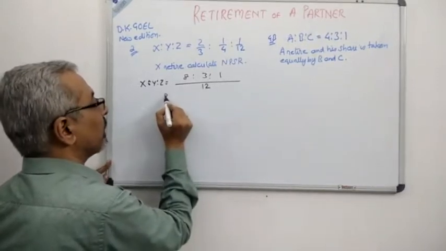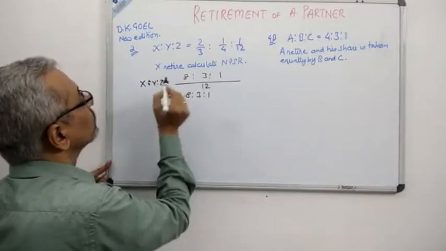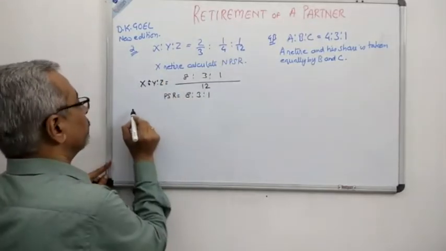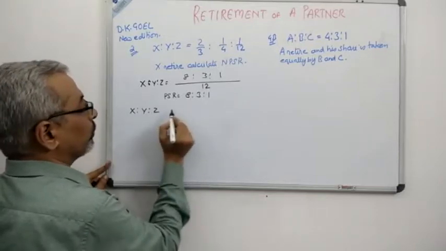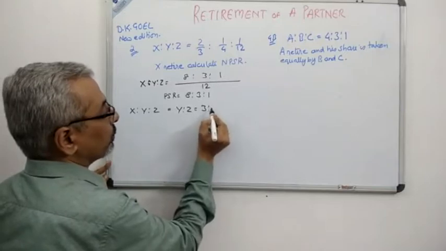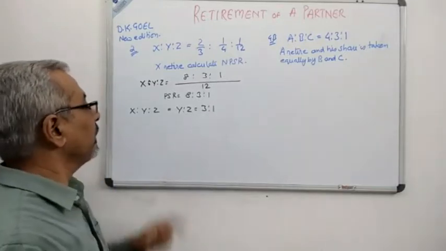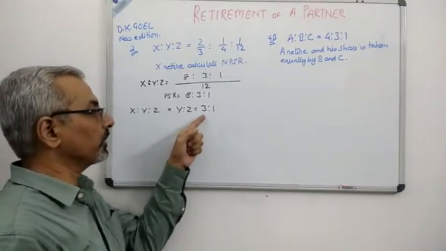So the PSR actually is 8:3:1. Now who is retiring? X is retiring. So if X is retiring, X is no more. So we are only left with Y and Z. So the ratio will be 3:1. Repeat again, as X is not there, only Y and Z are there, and the new profit sharing ratio will be 3:1.